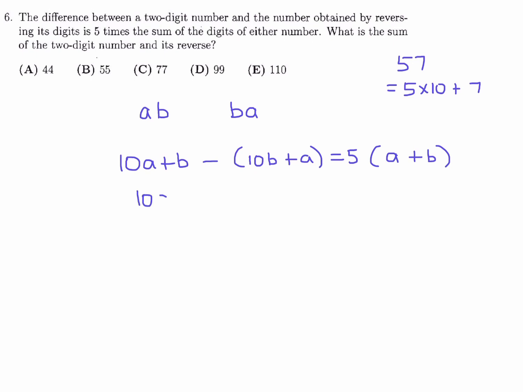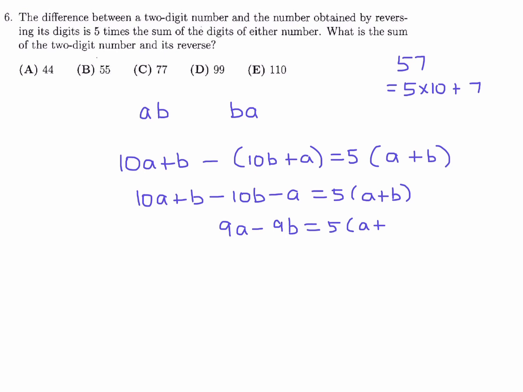This is going to be 10A plus B minus 10B minus A, and that's 5 times A plus B. And this side becomes 9A minus 9B, and that's 5 times A plus B. So 9 times A minus B, and then I'll bring the 5 over like that. So that becomes A plus B.